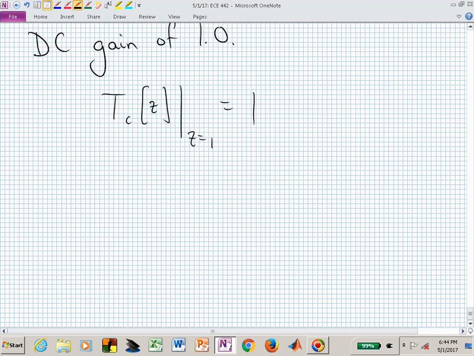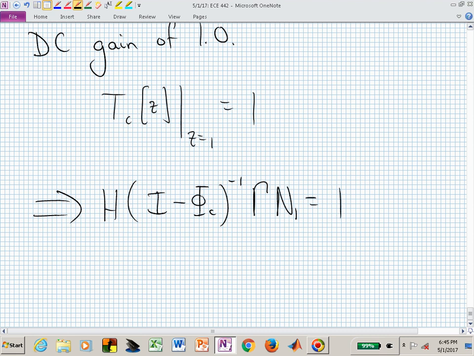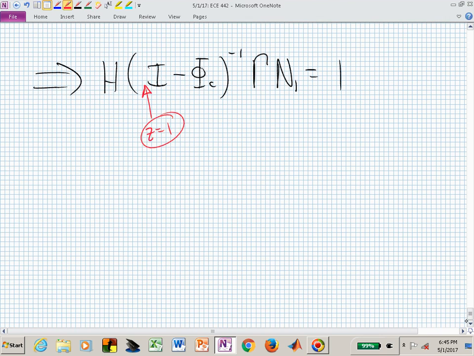Forcing the DC gain to equal 1 says that we now have H times, but z is 1 for DC. We have H times I minus phi sub c inverse gamma n sub 1 is equal to 1, where we've already put in z equal to 1 for our DC value. And if we have SISO, since many of you are texting, this is single input, single output.